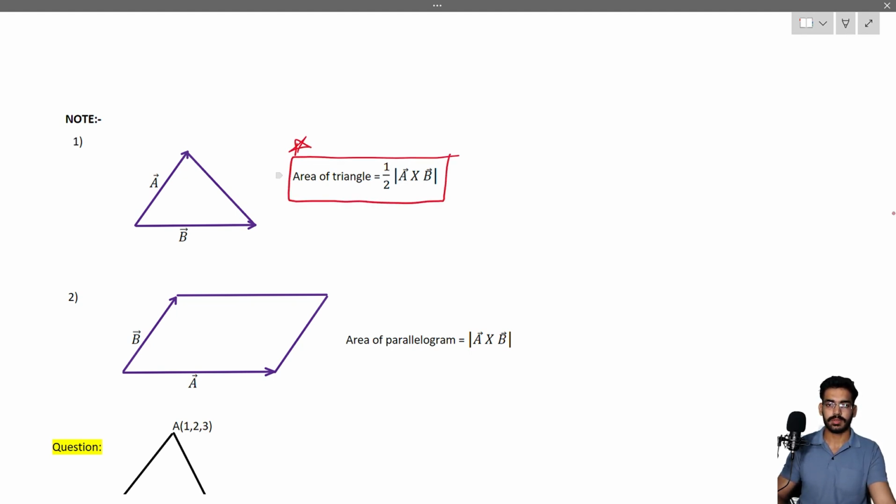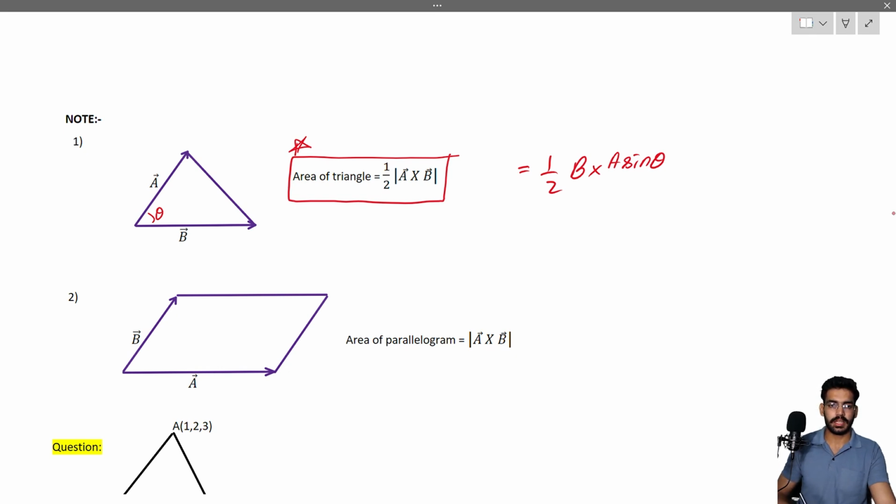We know the area of a triangle is half into base into height. So the base is magnitude of b, into height. If you consider this angle as theta, the height is a sin theta, right? So ab sin theta is the magnitude of a cross b. That's why it is half of a cross b.